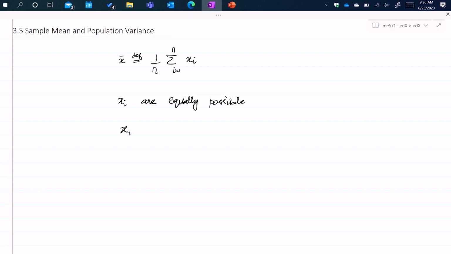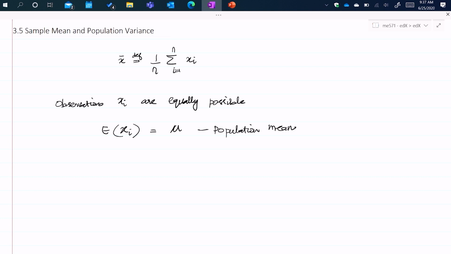And the other thing that we're going to say is all these observations xi have expected value of xi, which we're going to say is mu, the population mean. Now, the observations vary, but the expected value of that observation is the population mean.